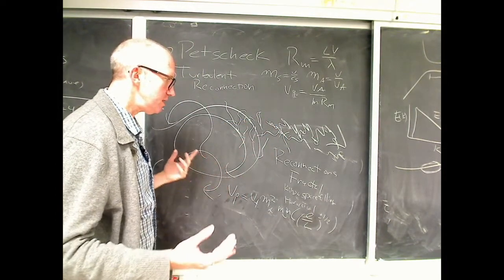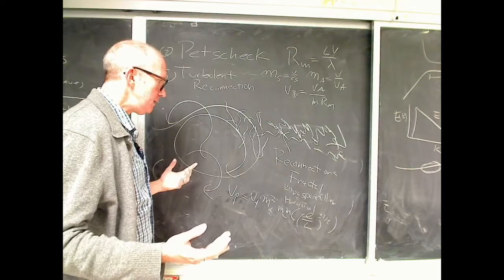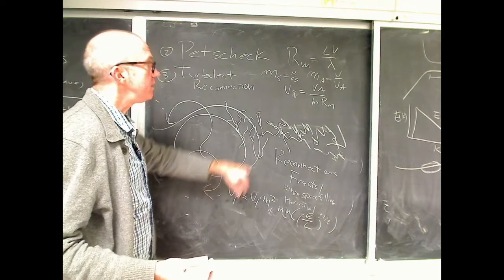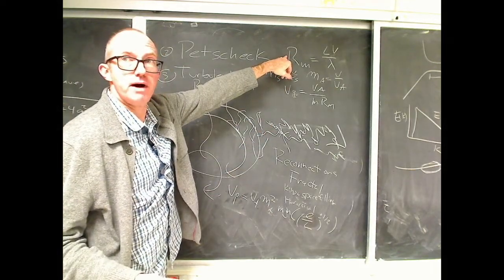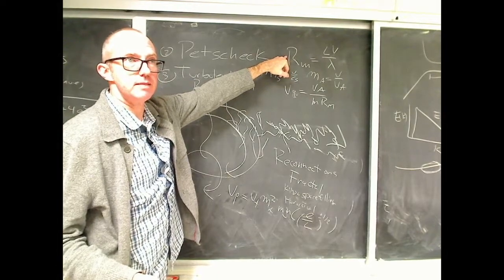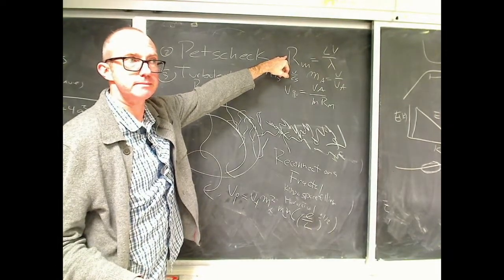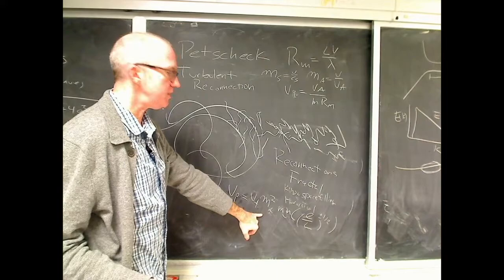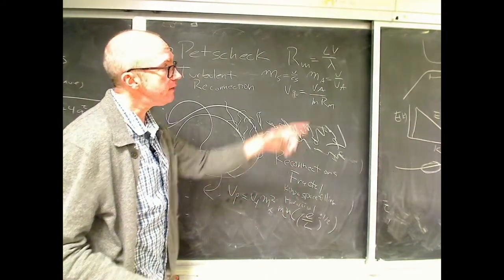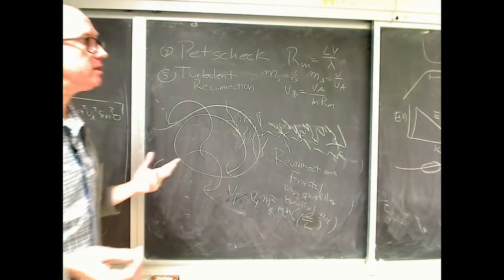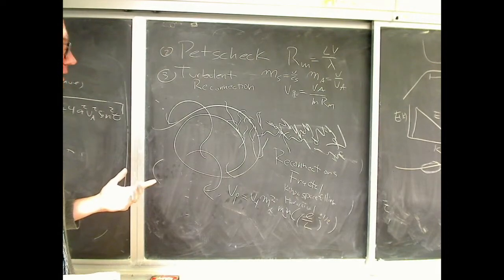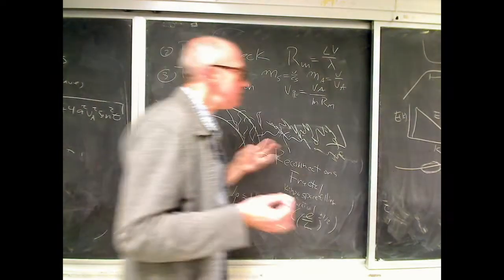So the geometry still matters somewhat, but it doesn't depend on the Mach or the magnetic Reynolds number anymore. It doesn't depend on the diffusivity anymore. The other two, Petschek and Sweet-Parker, both depend on the diffusivity, whereas turbulent reconnection doesn't.